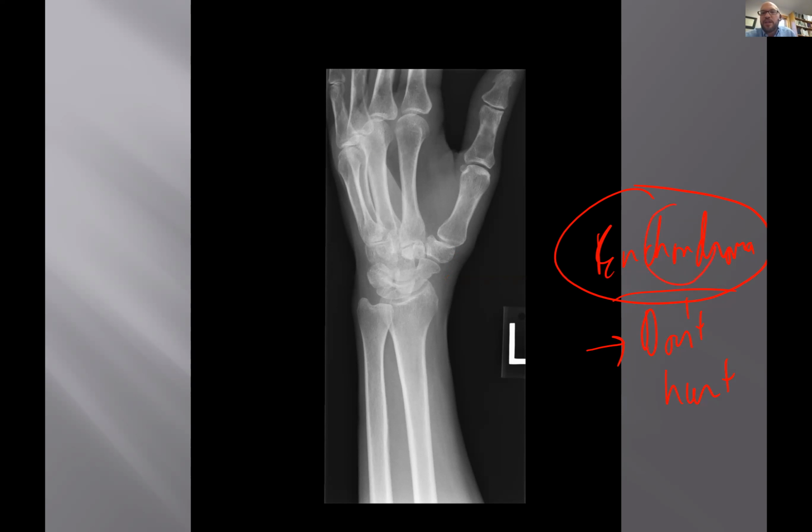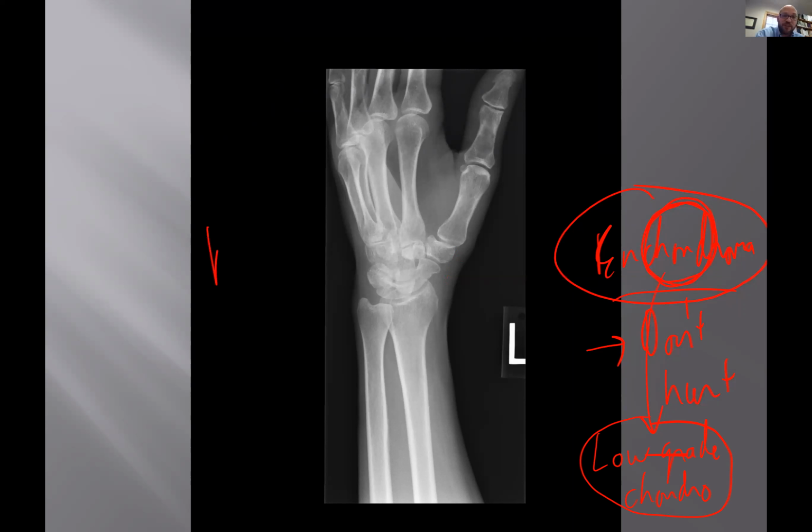It's probably a Mets? It could be, but it's probably a low-grade chondrosarcoma. So most enchondromas which hurt have turned into or are turning into low-grade chondrosarcoma.